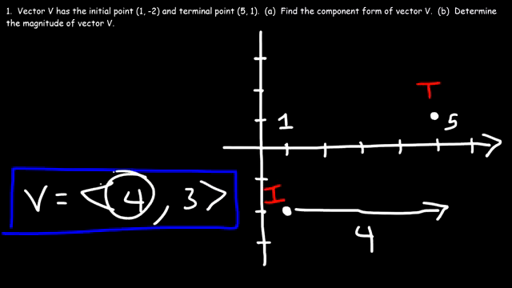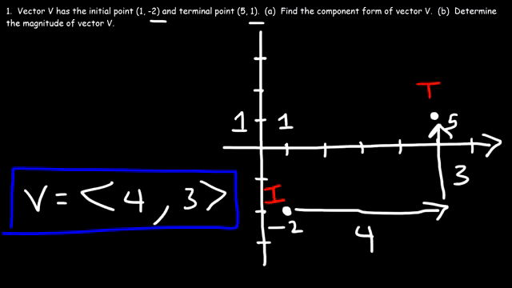As you can see, it's 4. So that's Vx. Now, the initial point has a y value of negative 2, and the terminal point has a y value of 1. So to go from negative 2 to 1, we need to travel up 3 units. And so this is the y component, this is the x component.